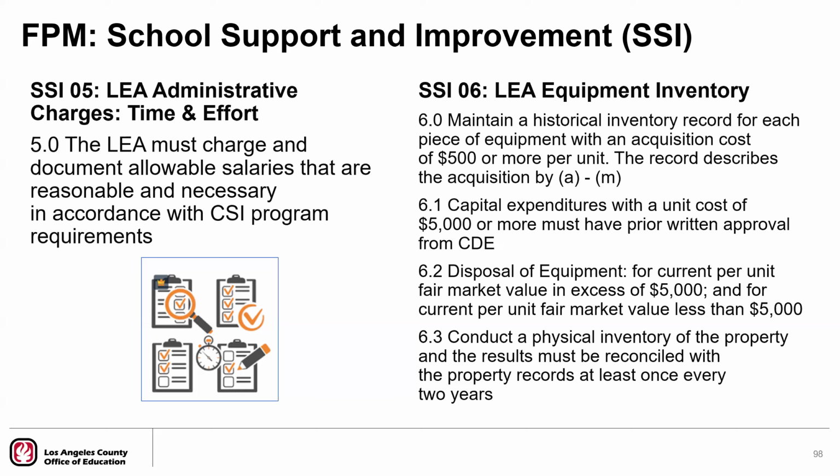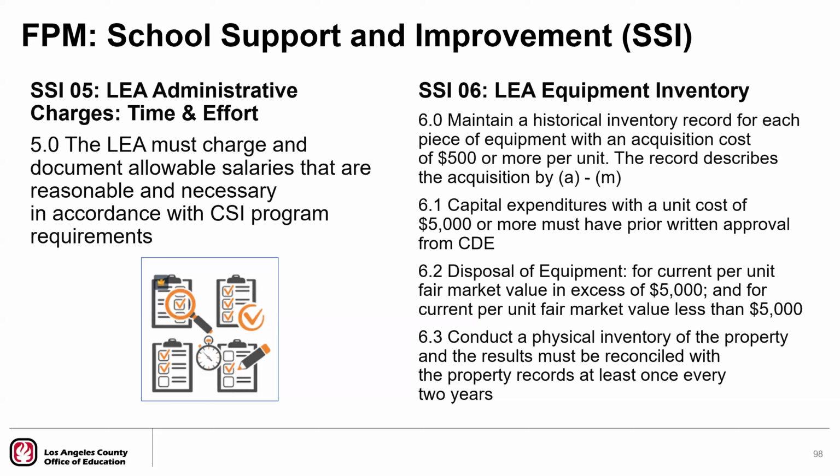Here it requires the LEA to maintain a historical inventory record for any piece of equipment. That list describes A through M of all those requirements that are noted in the actual instrument.